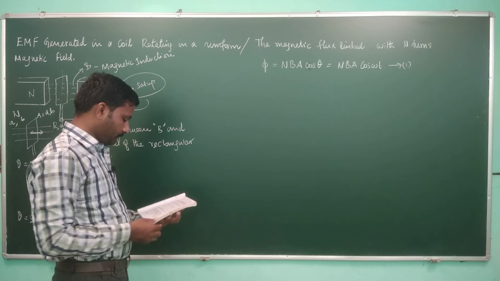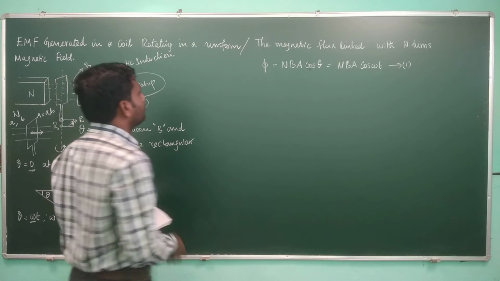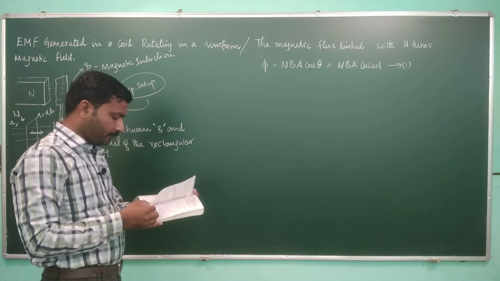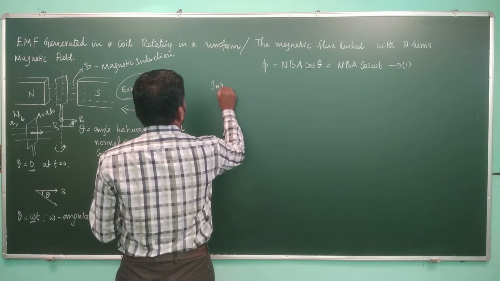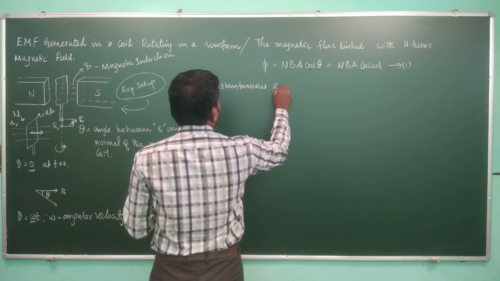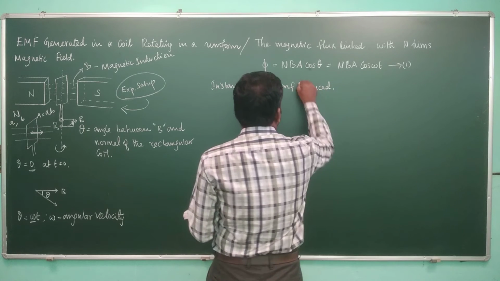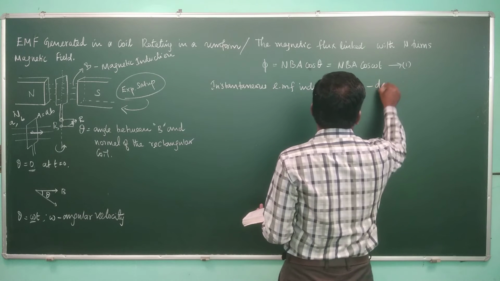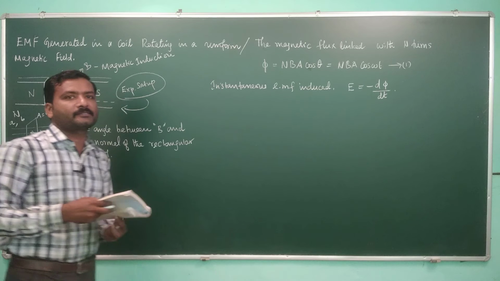Right. Now, from this, for a particular instant of time, we can write the induced instantaneous EMF, which is E, that is minus d phi by dt. Why is it minus here?